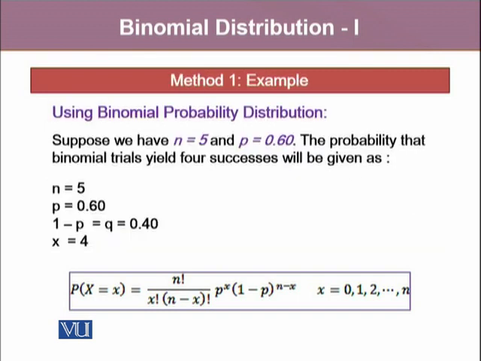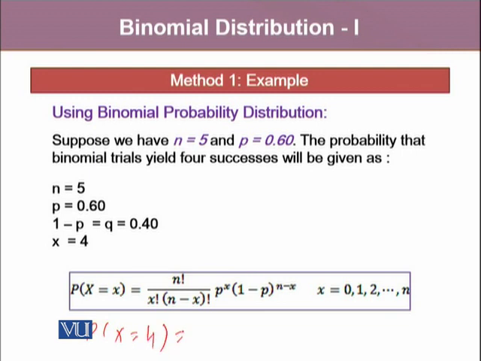So using the binomial probability distribution, with n equals 5, p equals 0.60, probability of failure 0.40, our event of interest, which says that we will yield 4 successes, will be given as the probability of X exactly equal to 4.